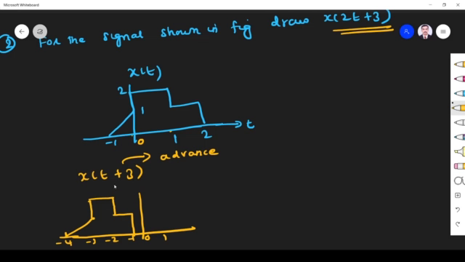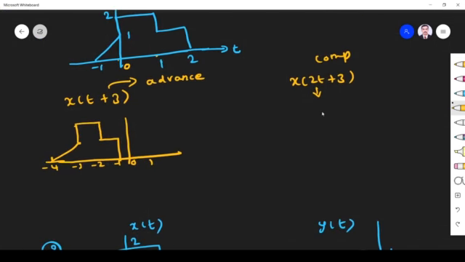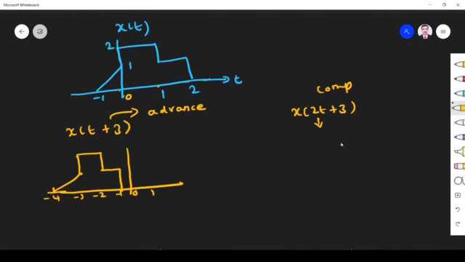Next, first you do shifting, then you do scaling. Scaling is 2t plus 3. So t is scaled, compressed. 2t means it is compressed. So divide by 2. Compressed means minus 4 will become minus 2. This signal is compressed by 2 times.